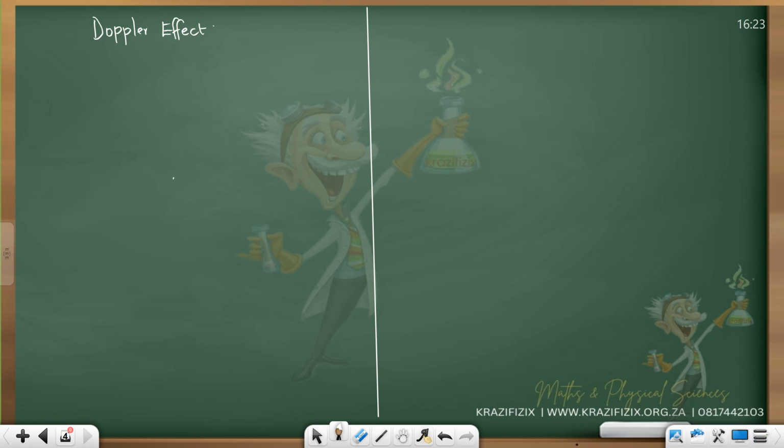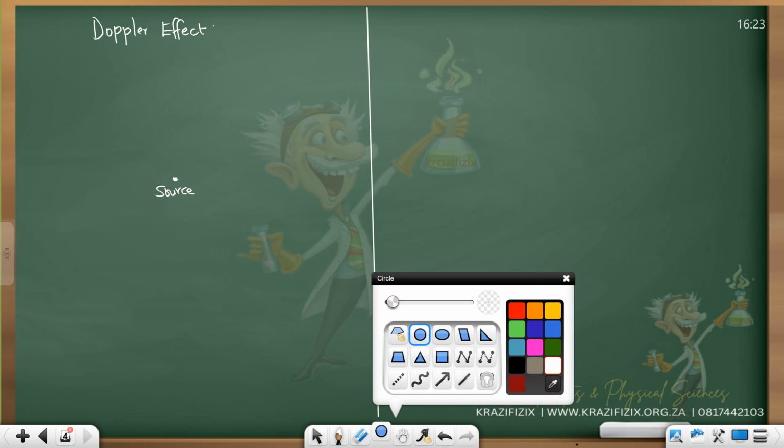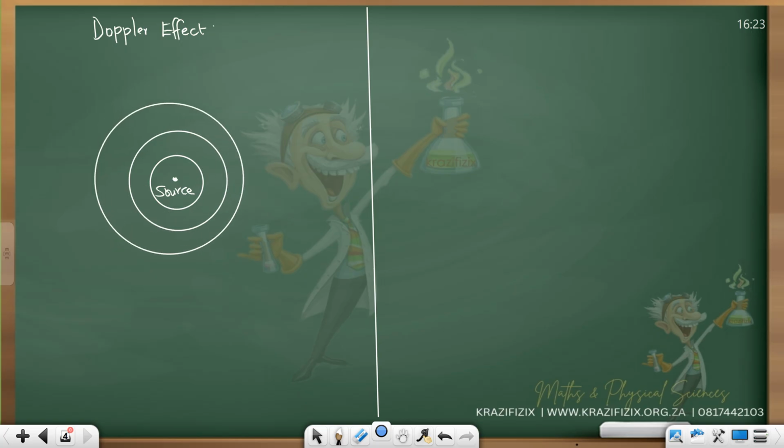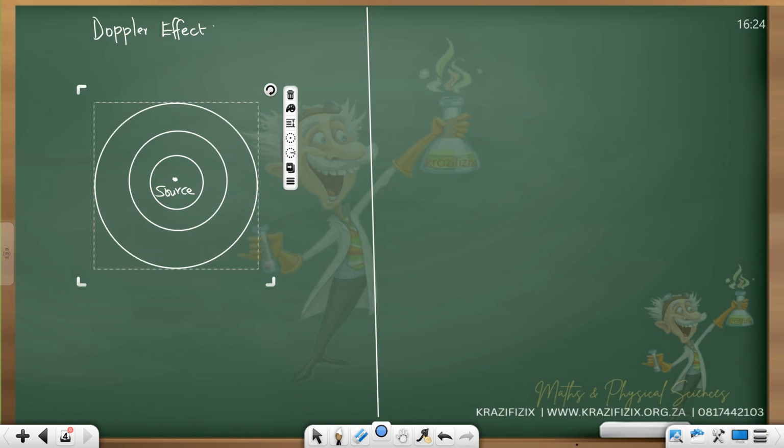Look at this, guys. If I have a dot there, that talks about the source of my sound waves. If my source is stationary, my source will produce sound that will travel at equal distance and equal speed. That's what I'm going to have.